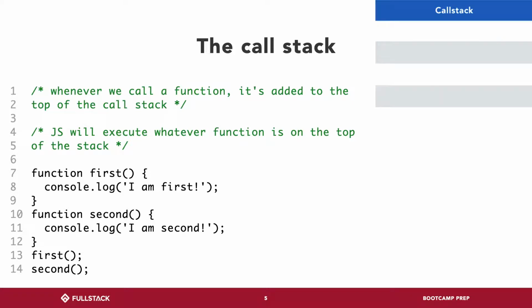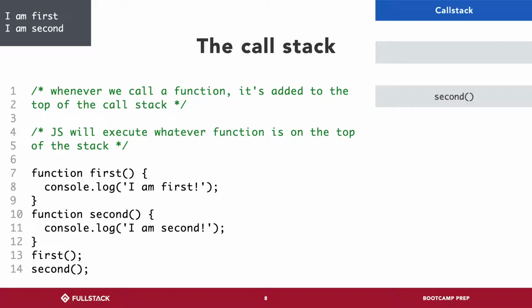And as you can see here, as we run this, first goes onto the call stack, right? Then I am first appears in the console, because first console.logs, I am first. So after first is done running, first is off of the call stack, right? Then second runs.